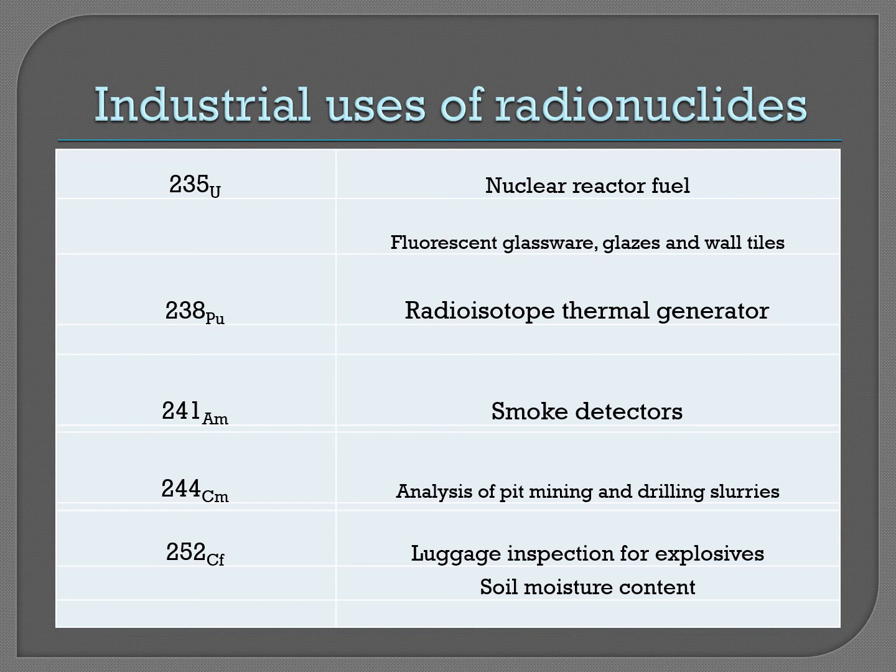Different explosive materials can be brought to different countries by hiding them in different bags. So this isotope is being used as a tracer, and this inspects the luggage for explosives.